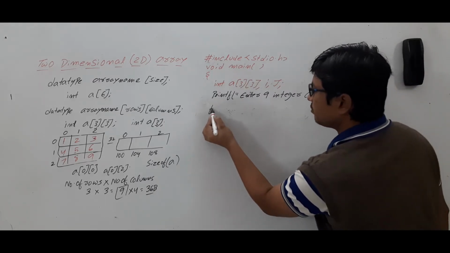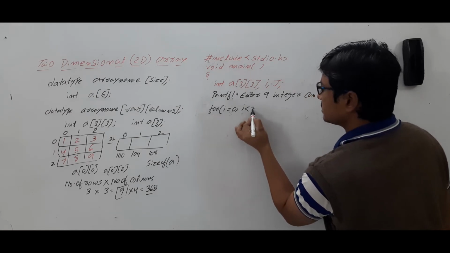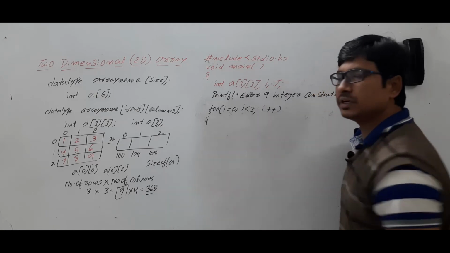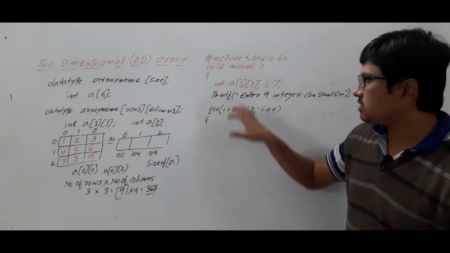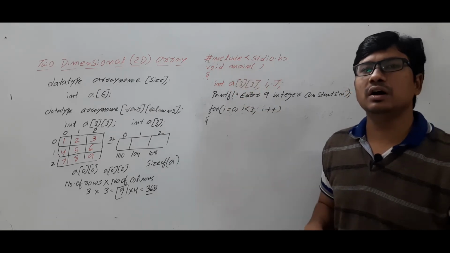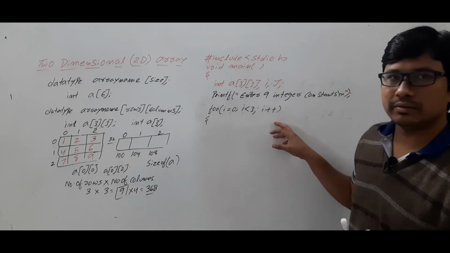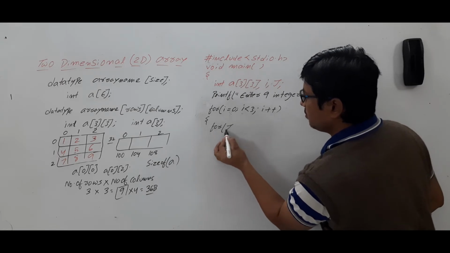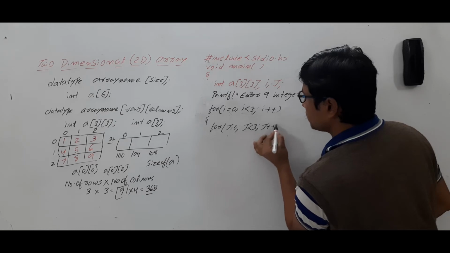Then you can write a for loop for i equal to 0, i less than 3, i plus plus. If it is a one-dimensional array, you can simply use one loop. But as it is a two-dimensional array, you should use nested loops. One is for the number of rows and another is for the number of columns. For j equal to 0, j less than 3, j plus plus.